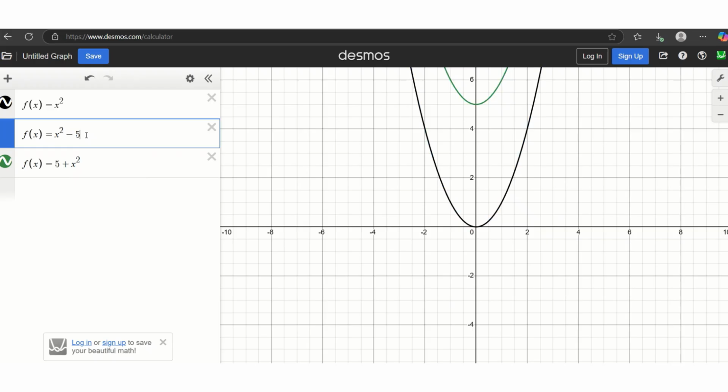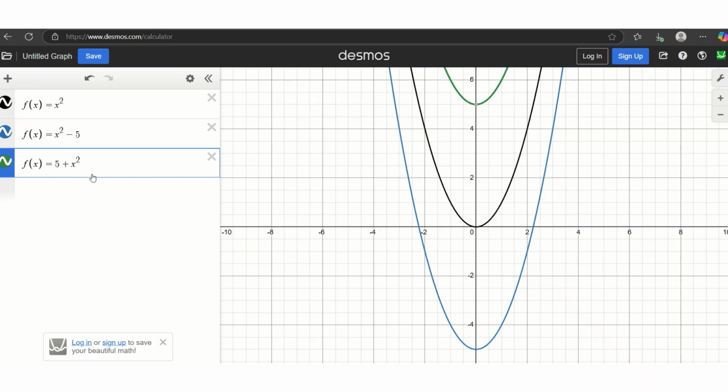And the same is true for subtracting. If I were to subtract a 5, that would make that 5 negative. I'll turn off the green one again so you can see the blue one is right underneath it. You might be a little thrown off because you still see a plus sign there, but remember that x squared minus 5 is really x squared plus negative 5.